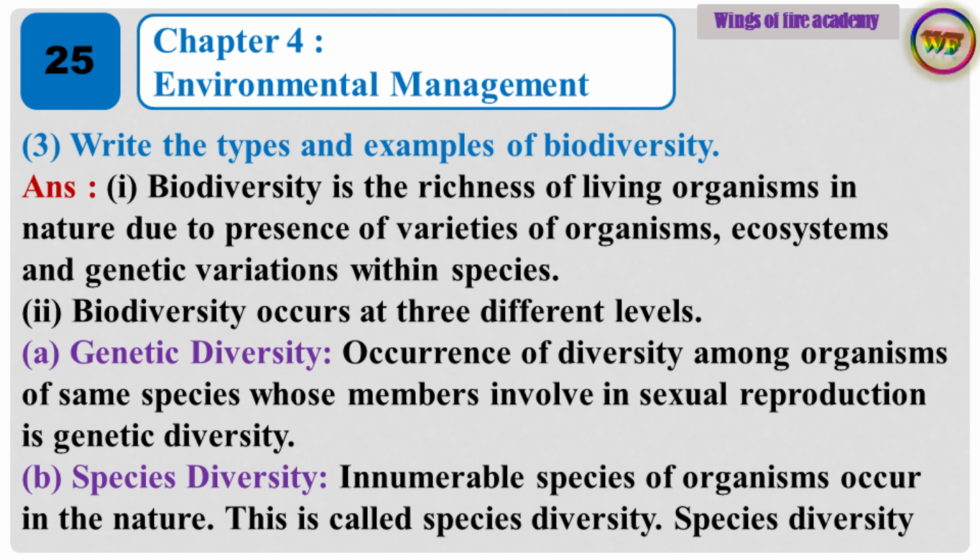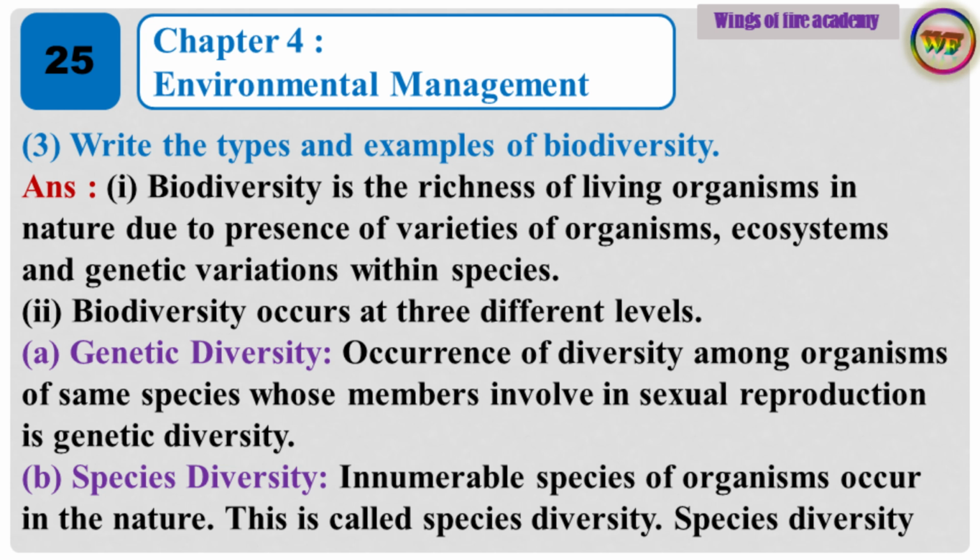Section A. Genetic diversity. Occurrence of diversity among organisms of same species whose members involve in sexual reproduction is genetic diversity. Section B. Species diversity. Innumerable species of organisms occur in the nature. This is called species diversity.